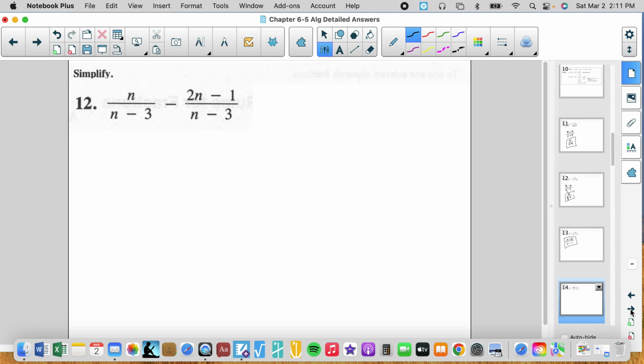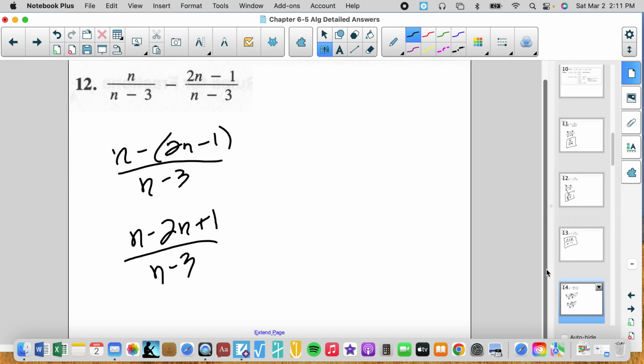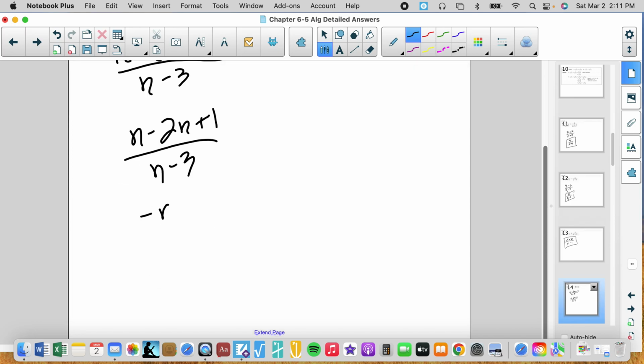Like denominators, we just have to remember to distribute that negative to both of the terms in the numerator on the right. So that becomes n minus 2n plus 1 over n minus 3. That is negative n plus 1 over n minus 3. And I'll take that.